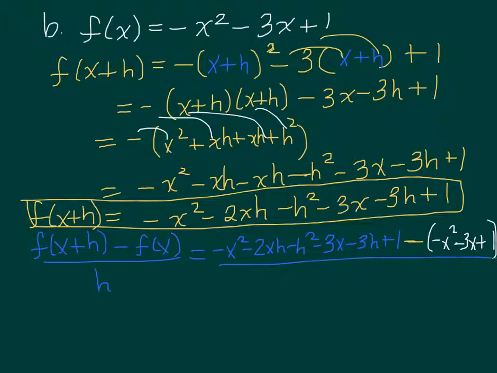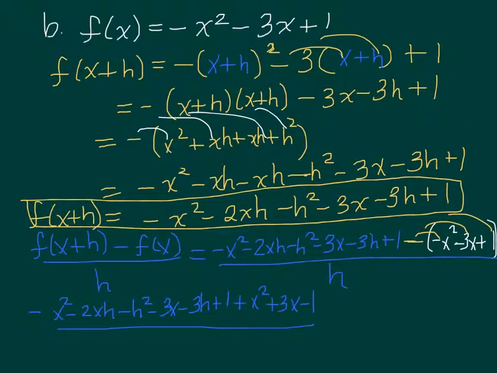All over h. All right, you're going to distribute that negative, so be careful. So we have negative x squared minus 2xh minus h squared. Oh, let me scoot this over because it's going to be long. Minus x squared minus 2xh minus h squared. Make sure you write everything right. So now that'll be plus x squared plus 3x minus 1 all over h.